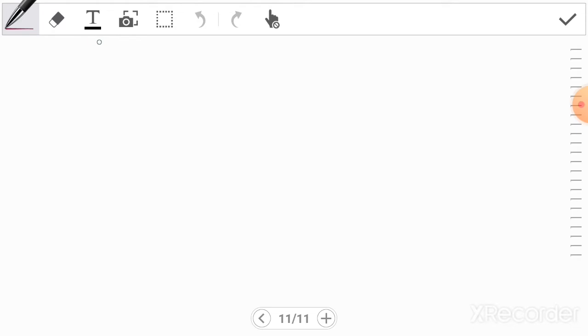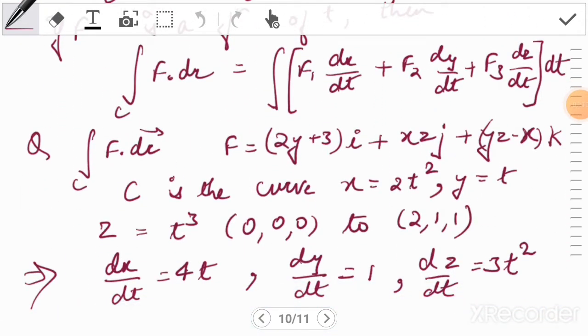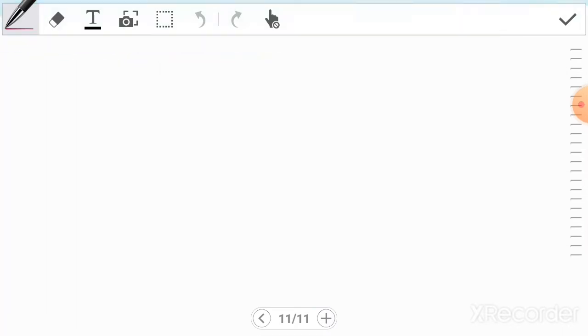Now let's substitute the values of x, y, z in f. So we will have (2t plus 3) i and xz j where y is equal to t, x is equal to 2t square and z is equal to t cube.